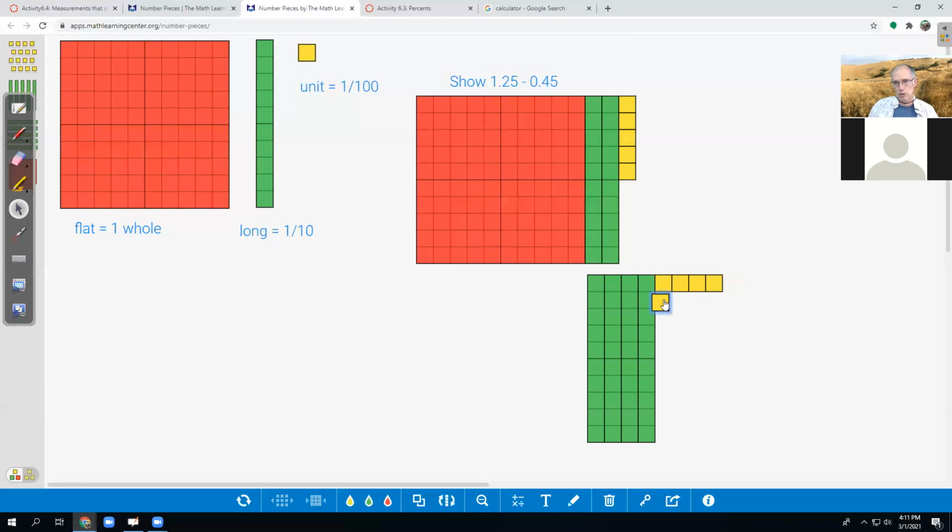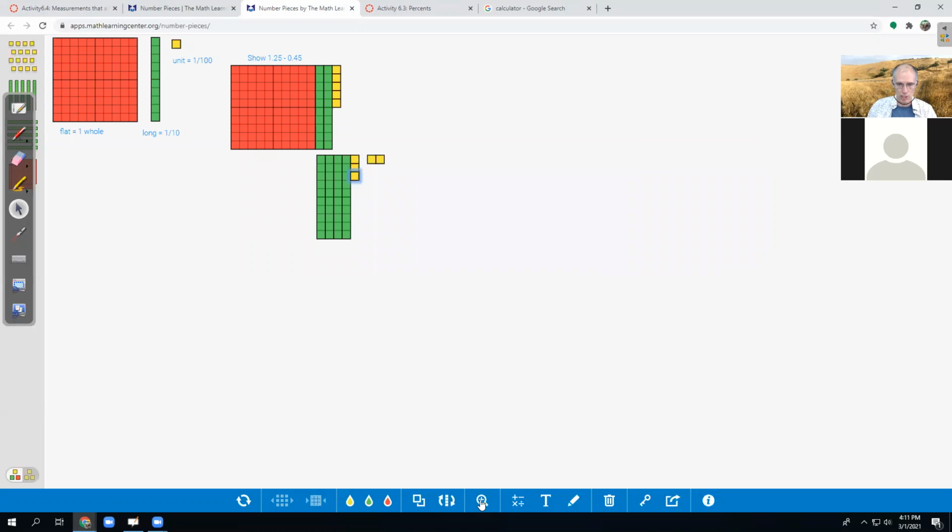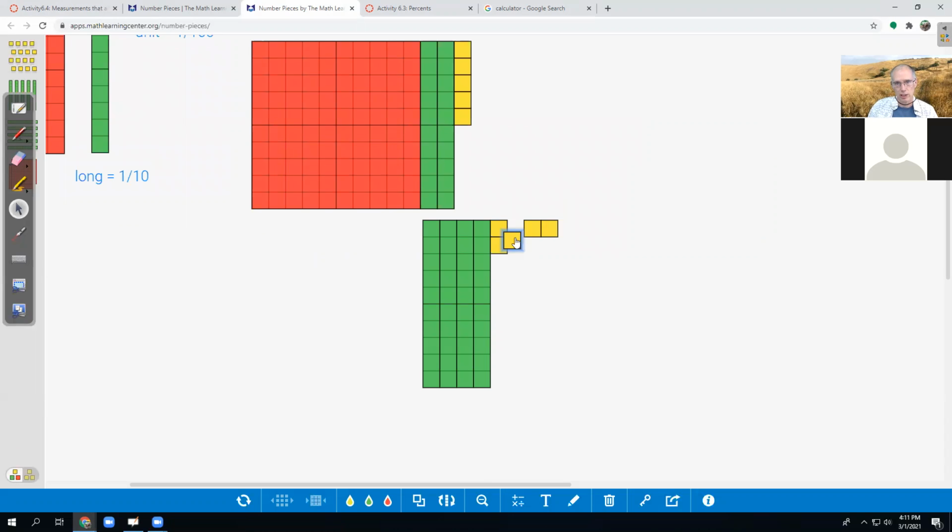The hundredths work out pretty good, because I have a pretty much direct match with those. I think I like this way better for that comparison. I can match those up pretty well: there's a 5 to 5, 1 to 1 comparison there. But the tenths don't work out so well. So really, I can't do a direct comparison until I trade.